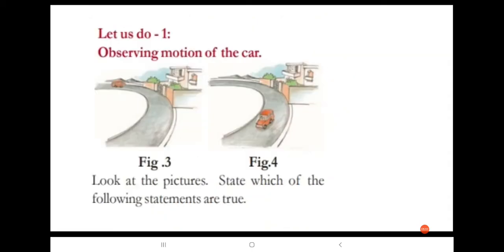By observing these pictures, can you say whether the distance between the driver and the car changes or not? Here, the distance between the driver and the car does not change.